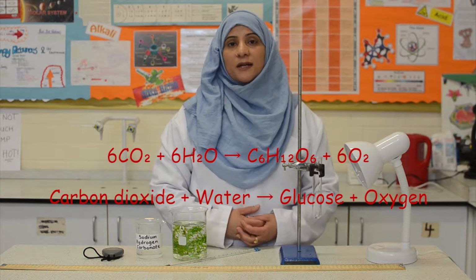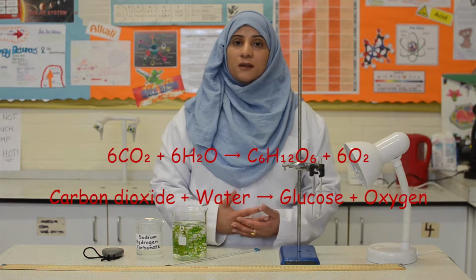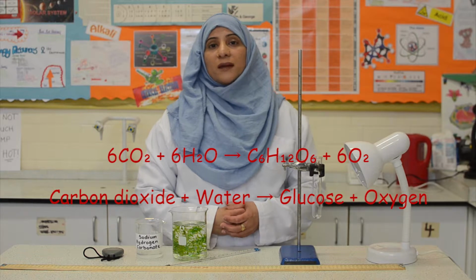Today's practical is on photosynthesis, which is one of the required practicals for biology. Photosynthesis is a vital process by which green plants use carbon dioxide and water in the presence of light to make sugar. Now, green plants use sugar as a food source to provide them with energy for growth and to produce oxygen.